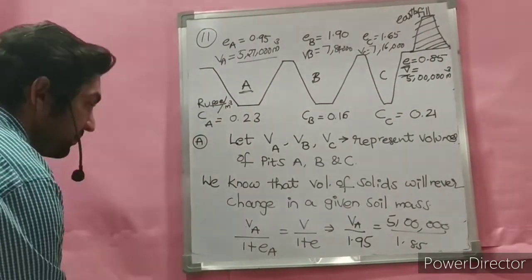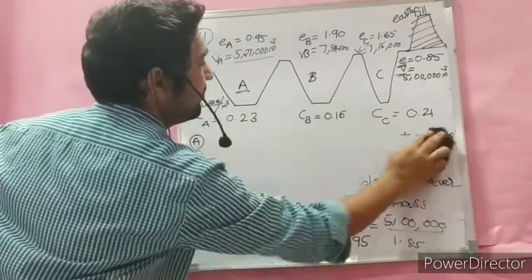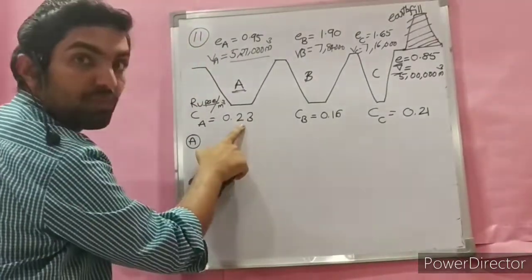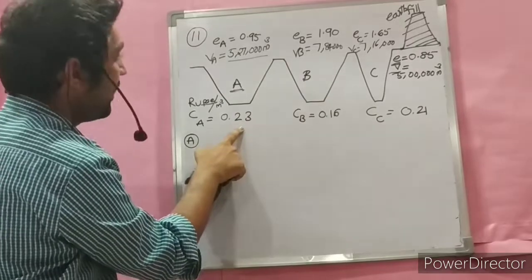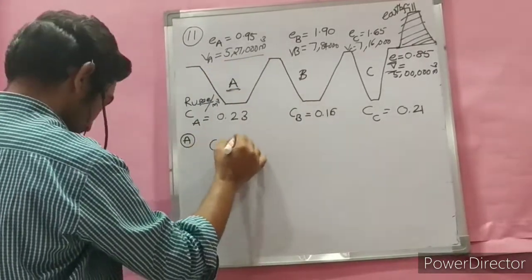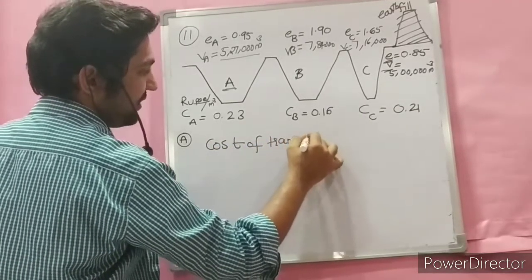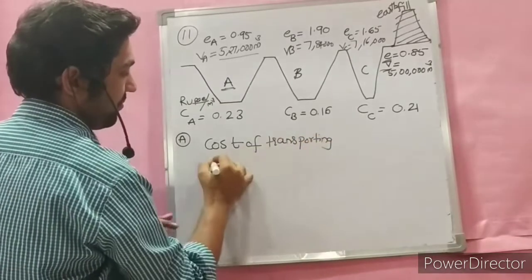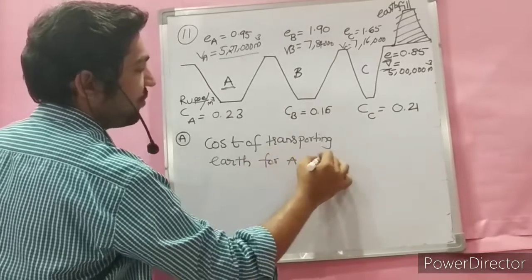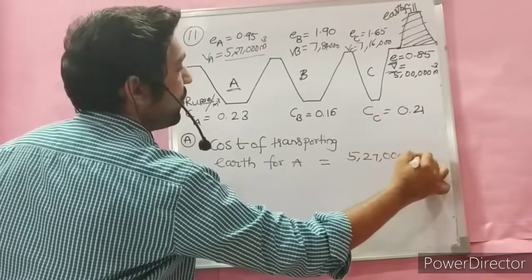Now the cost of transport. Cost of transport per one meter cube is 0.23. For 5,27,000 meter cube, the cost of transporting the earth for A is equal to 5,27,000 into 0.23.